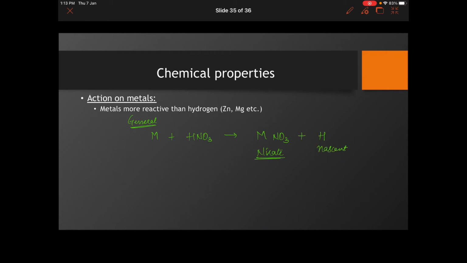Please write this down because nowhere else are you going to get an understanding of how the reactions given in NCERT are going to be learnt. So no need to learn them, try to understand them, that when a more reactive metal reacts with HNO3, it forms the nitrate and liberates nascent hydrogen.